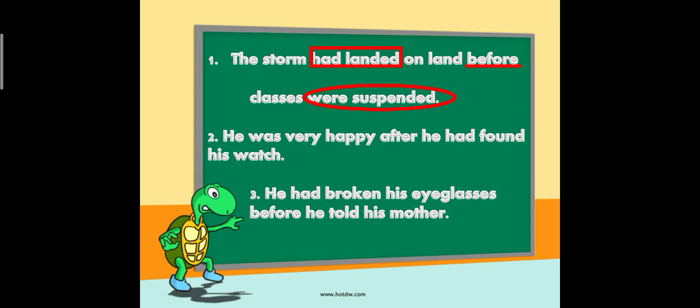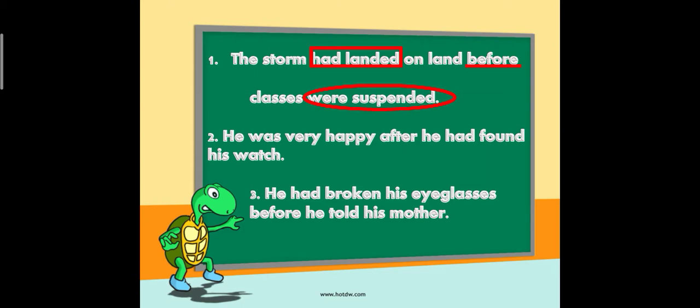While "before" is the time expression, that's why I put an underline on the word "before." While "were suspended" is in simple past form. That's why I put a circle on these words. Now, number 2. "He was very happy after he had found his watch."